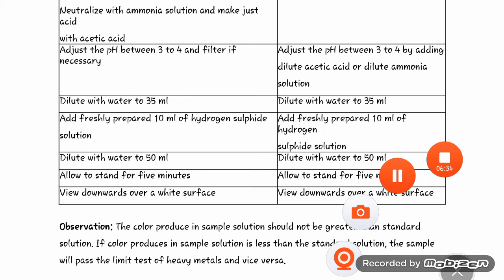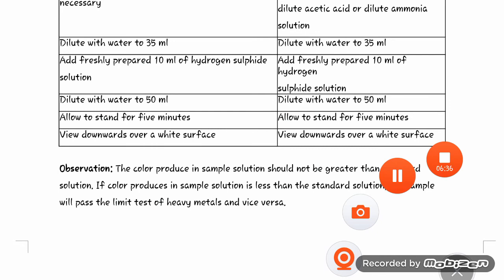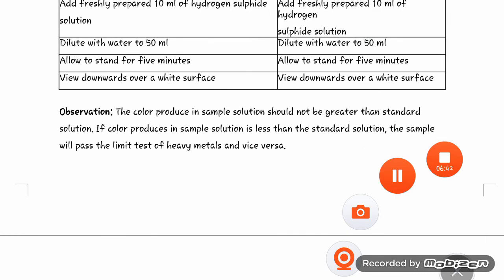Dilute with water to 50 ml. Then allow it to stand for 5 minutes and view the white surface downward. In the observation, the color produced in the sample solution should not be greater than the standard. If the color produced in the sample solution is less than the standard, then it will pass the limit test.